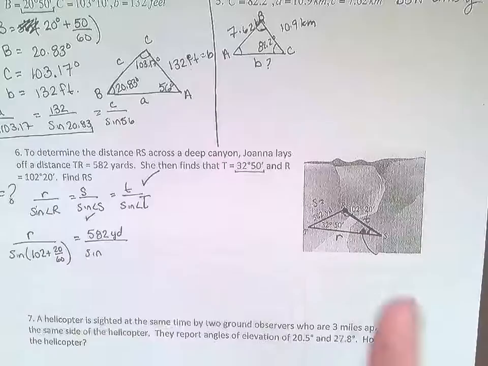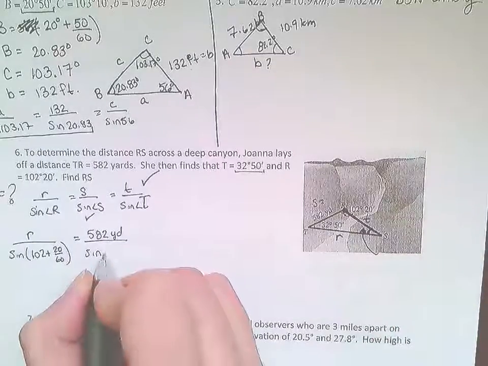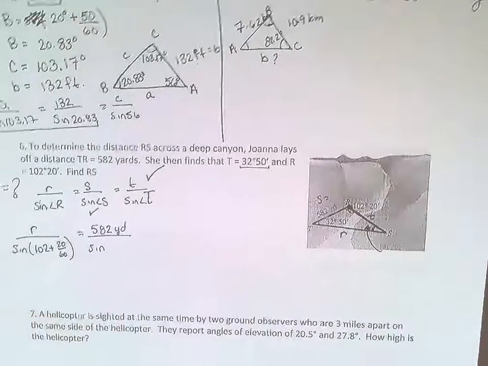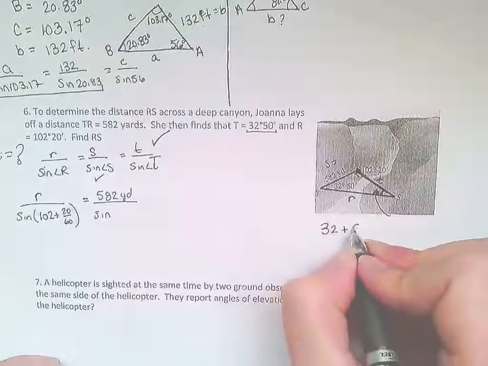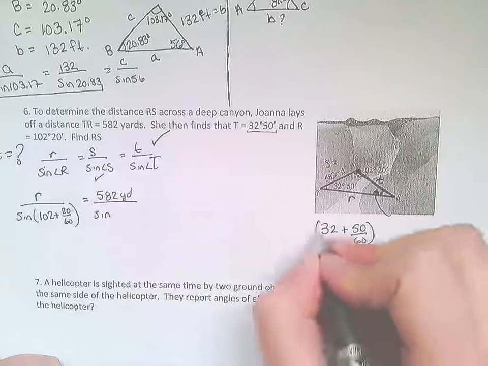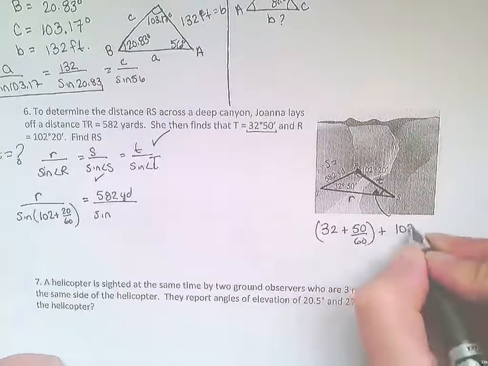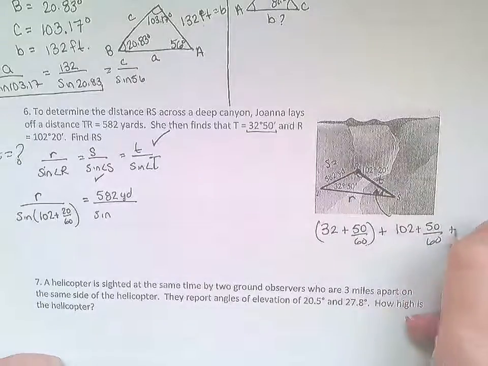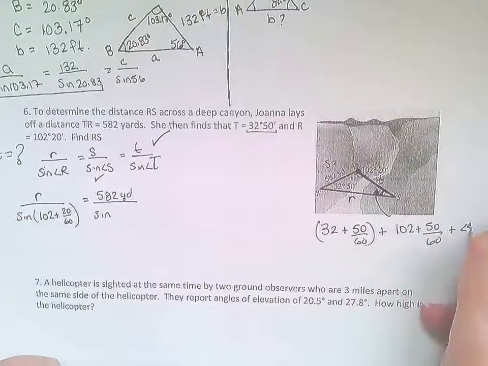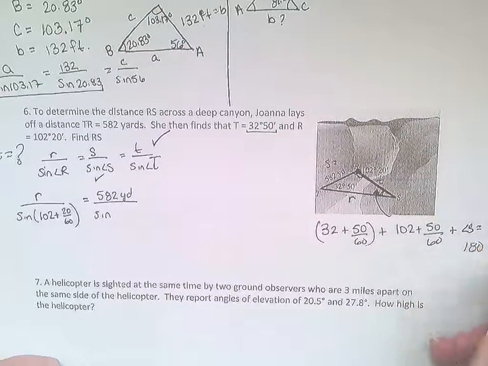Technically they don't give you angle S, but I can figure it out. So basically all I need to do is 32 plus 50 over 60 plus 102 plus 50 over 60 plus angle S equals 180.